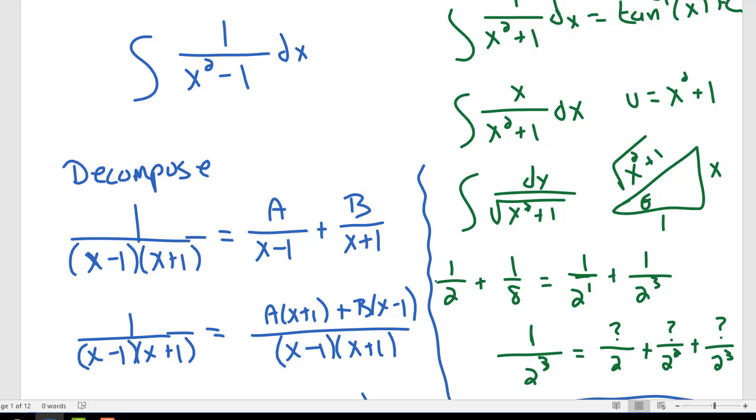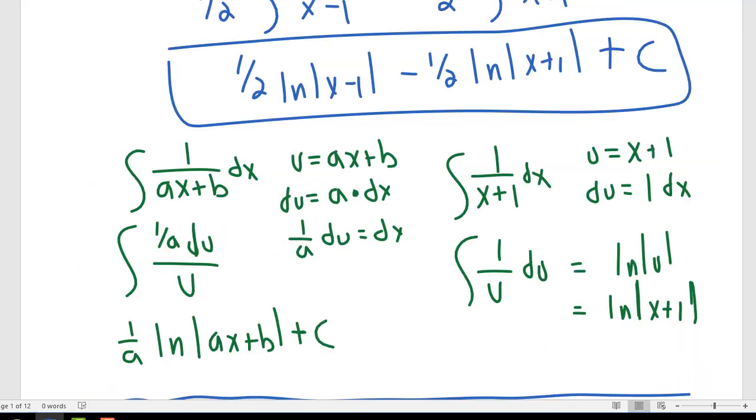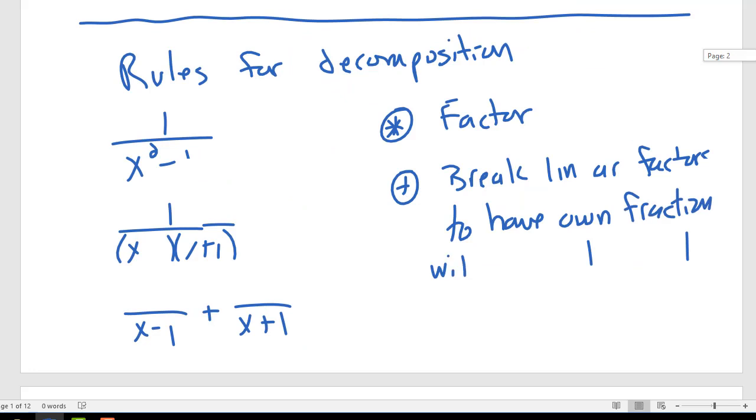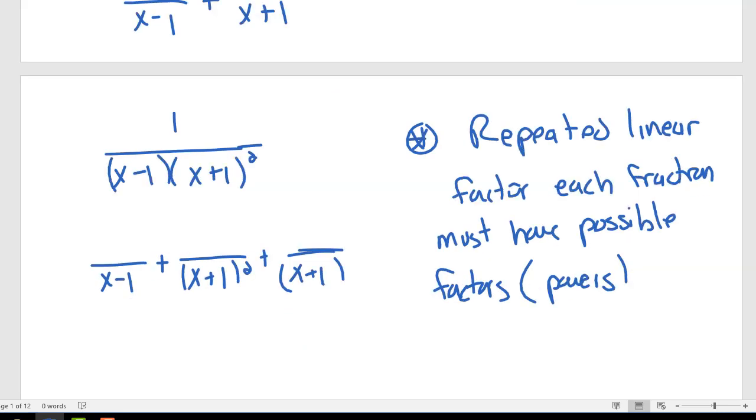For this illustration, we only had a 2 to the first and a 2 cubed. As it turns out, the 2 squared had a numerator of 0 because it was missing. But anytime we have a repeated factor, we have to assume all possible exponents of that factor. So when we're writing these rules, we have to make that same assumption, and look at all possible factors of this repeated linear term.